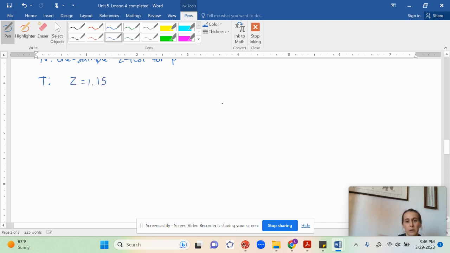And if I want to draw a curve, which I highly recommend, and I'd like to see on your practice problems, what you can do is put 0 in the middle. 1.15 is how many standard deviations away the sample proportion is. And then this area here is the p-value.